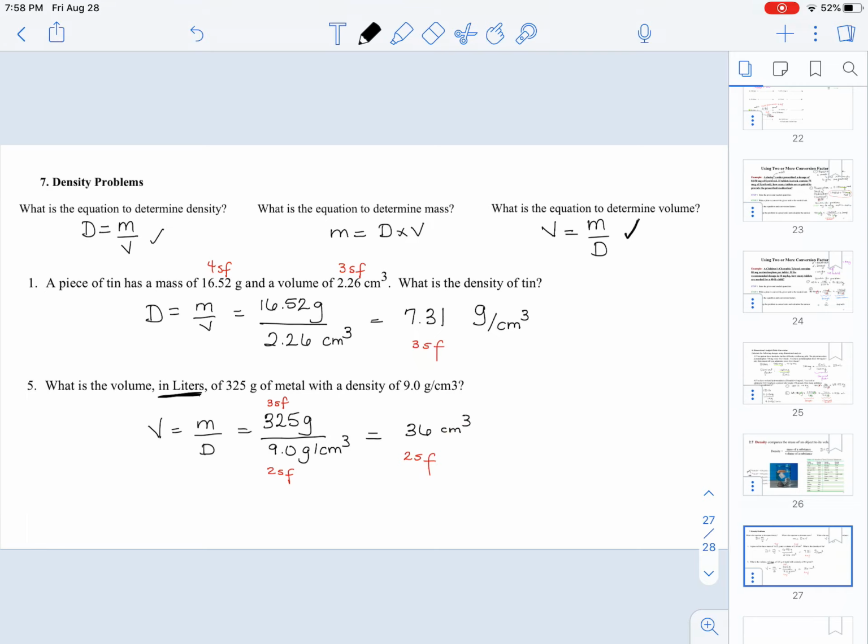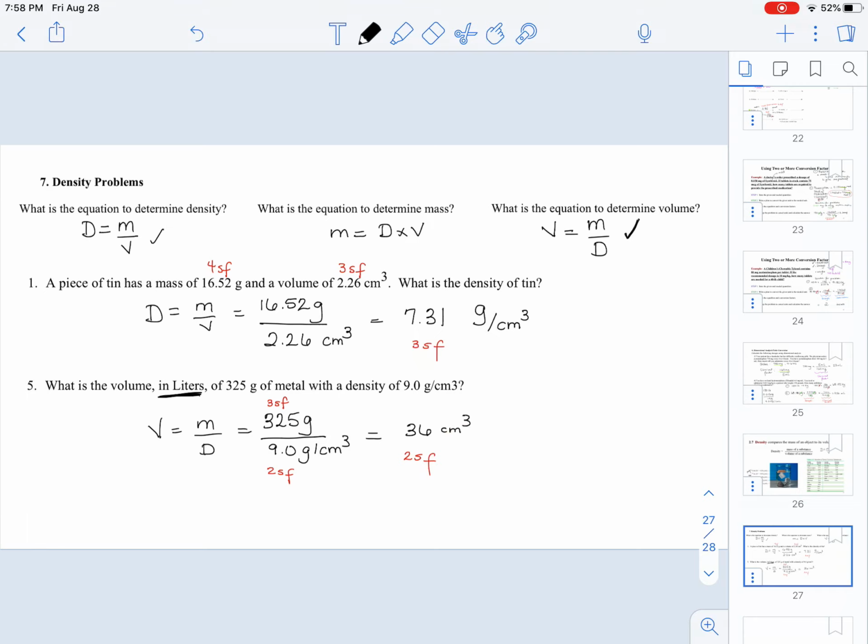Let me move back to the slide where we have it. Let me zoom in and erase the work that we did previously. For that, we're converting from milli to the basic unit of liters.